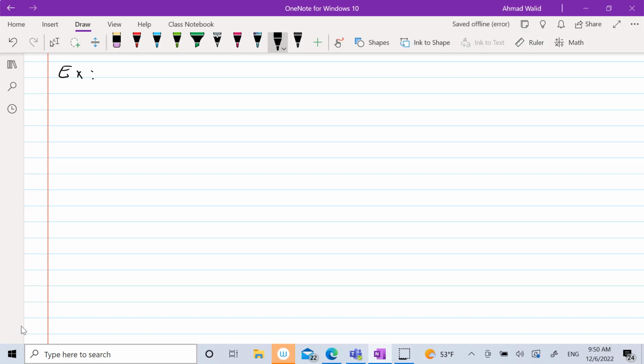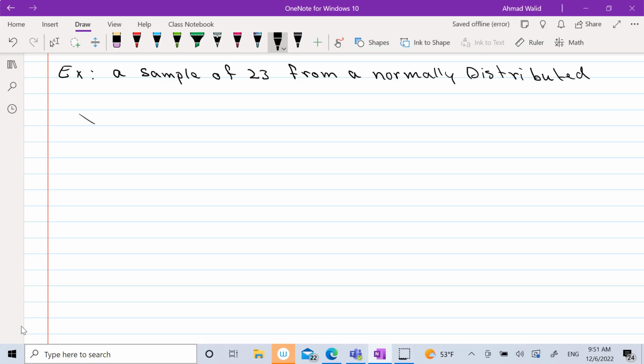In this example, a sample of 23 from a normally distributed population.